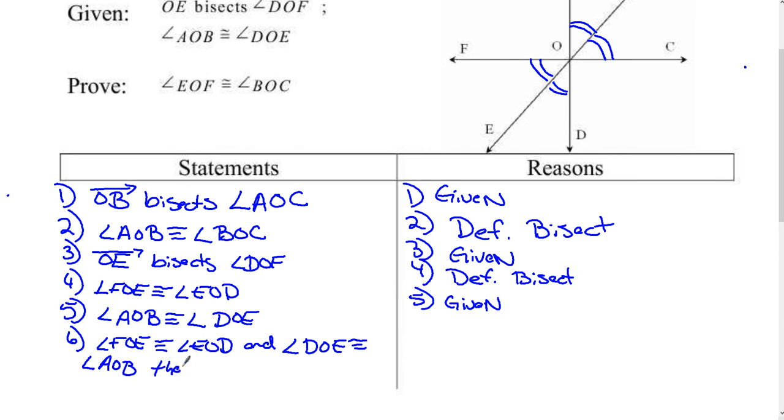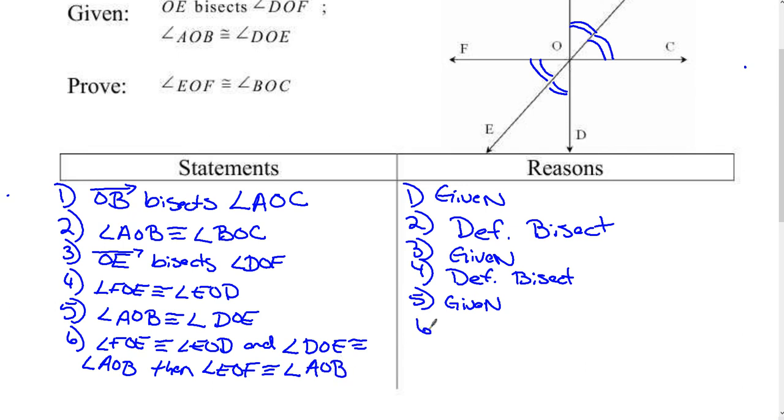Then, what's my new statement going to be? EOF is going to be congruent to AOB. So, angle EOF is congruent to angle AOB.